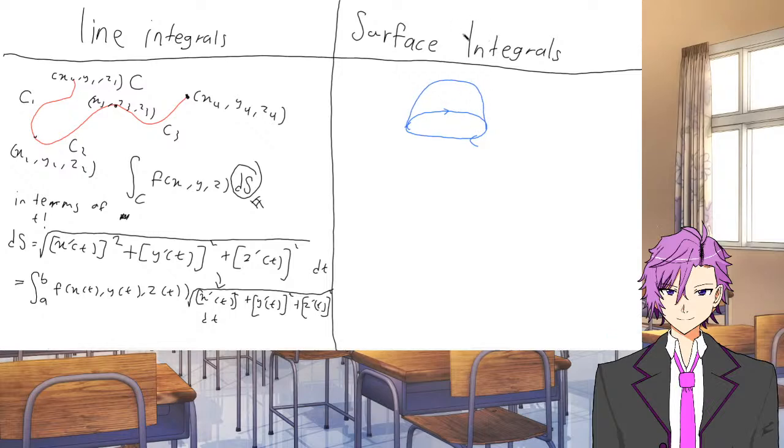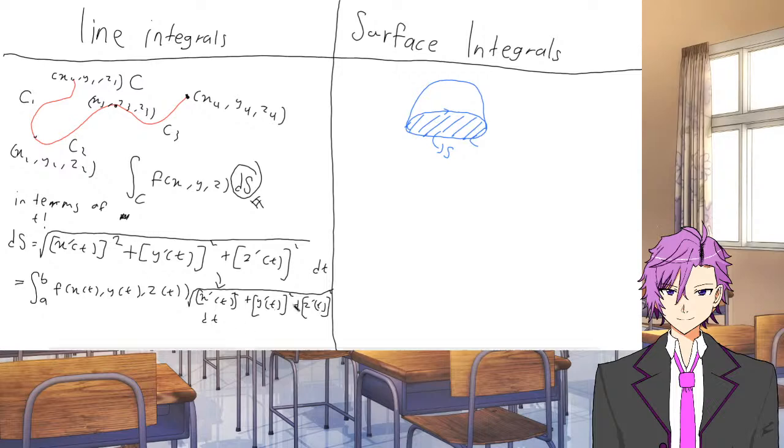What we're going to integrate is actually the surface over here, which we'll label as S. We don't really have to integrate surfaces like that, so we'll say that this is the surface that we're going to integrate.